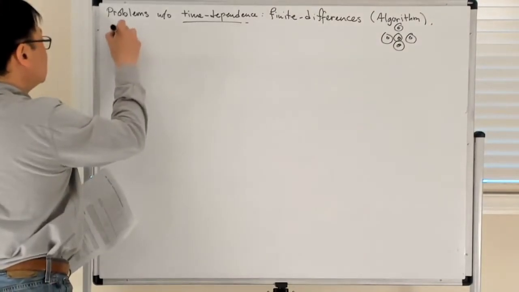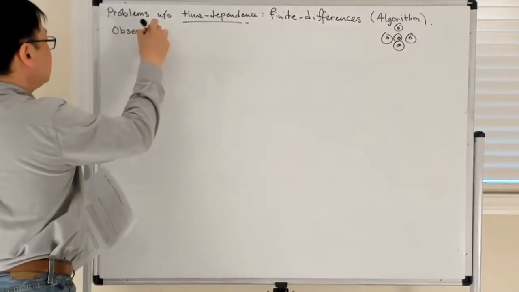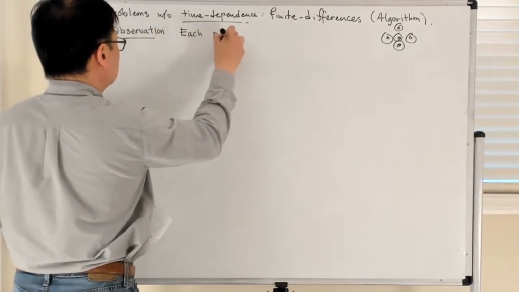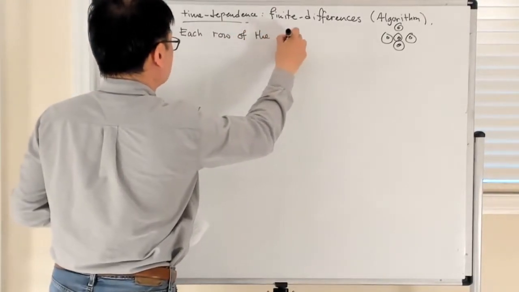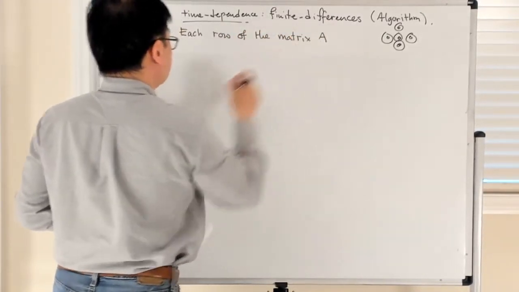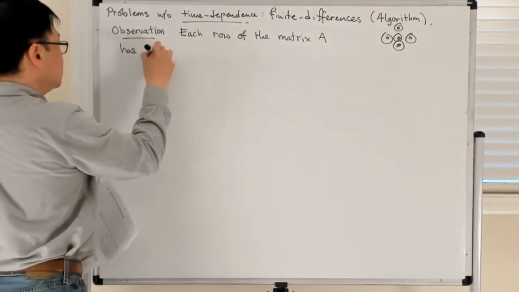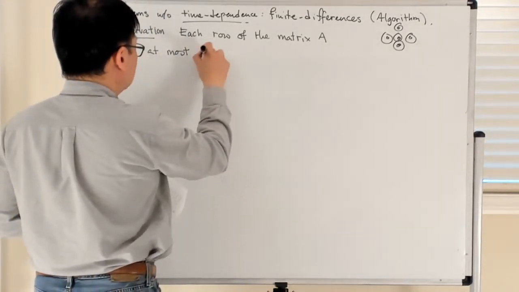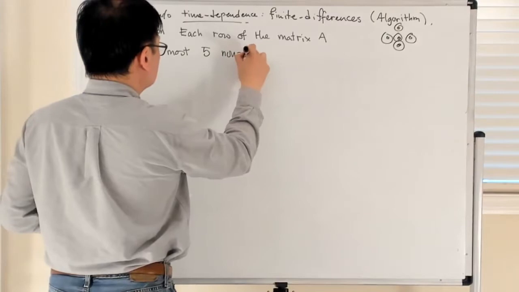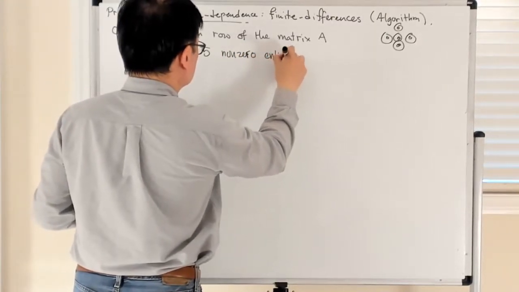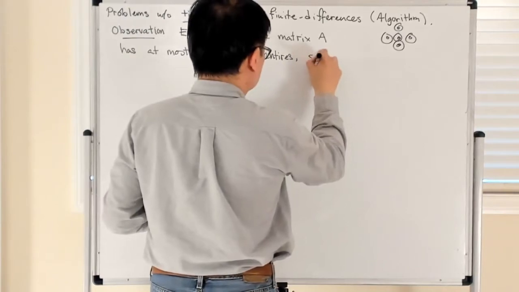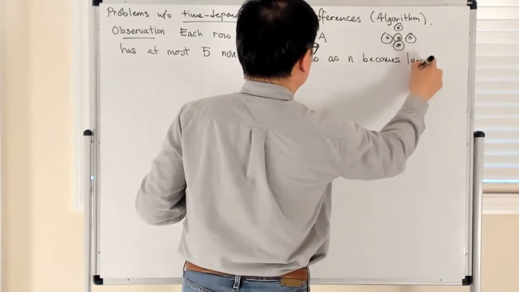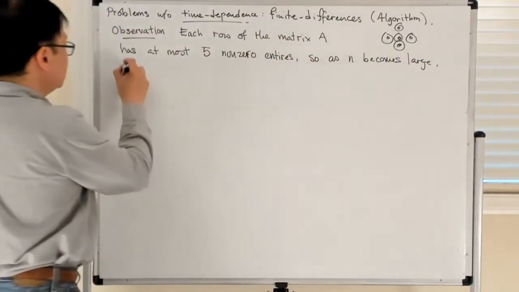So the observation is that each row of the matrix A has at most 5 non-zero entries. So as n becomes large, the matrix gets sparser and sparser.